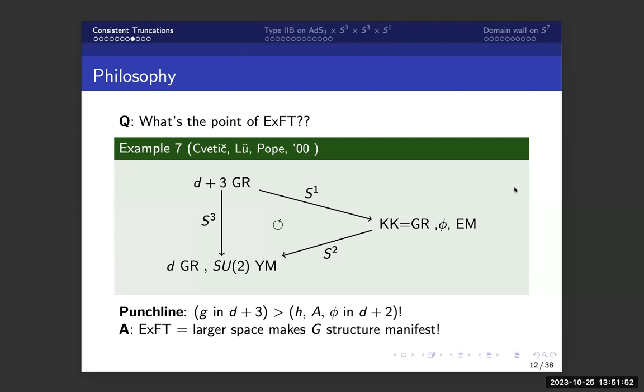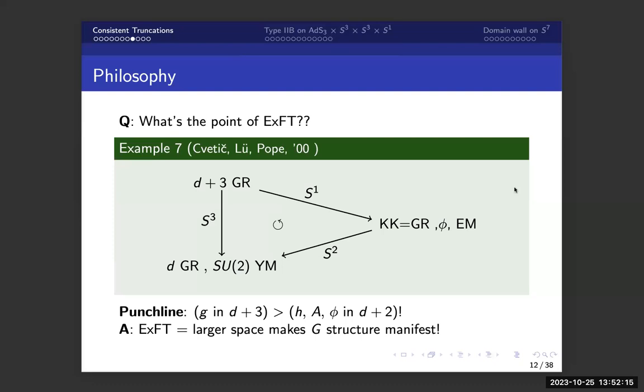And so the G structure behind this consistent truncation is really this identity structure that I described earlier. And what you're doing is really just a Scherk-Schwarz reduction, but the only way to see it is to go one dimension higher and reorganize these fields into a larger object. And so this is what exceptional field theory does.